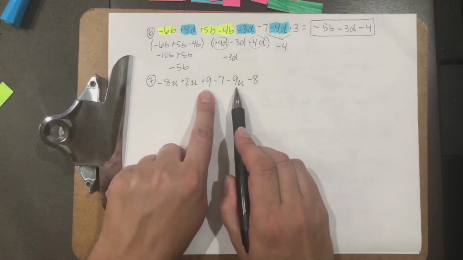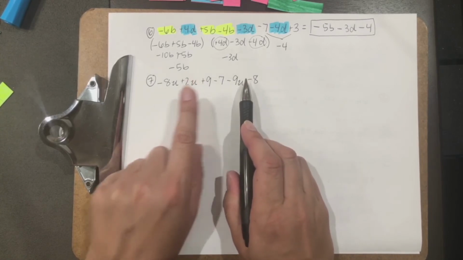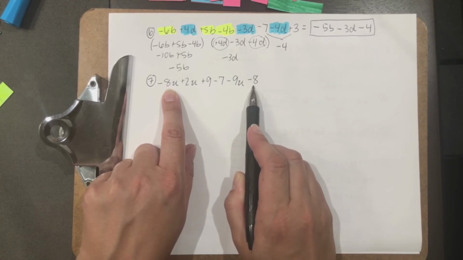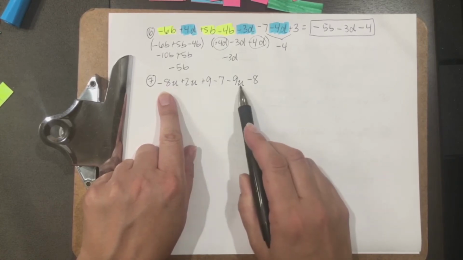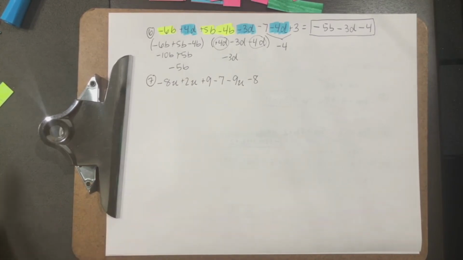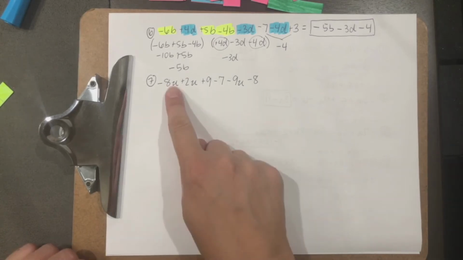You have a positive 9 and a negative 9U, and if you're not being careful, you might go, oh, zero pair. Same thing with this negative 8U and negative 8. But these are U's, and these are 1's, so they don't cancel out. And let's see that in action with the algebra tiles. So we'll have negative 8.